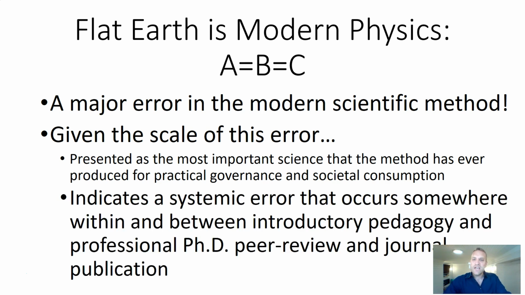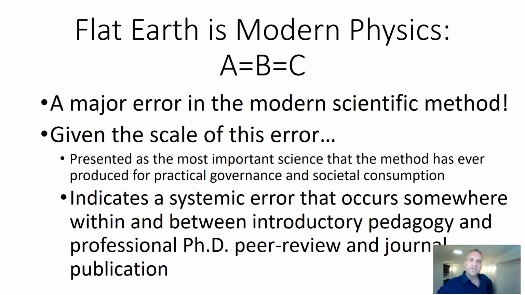So given the scale of this error, what does it indicate? It indicates that there is a systemic error occurring somewhere within and between introductory pedagogy, that means introductory science in high school, maybe grade school, so there's an error that occurs somewhere starting there and ending somewhere with professional PhD, peer review, and journal publication in physics and astrophysics and all these other places where you find these diagrams.